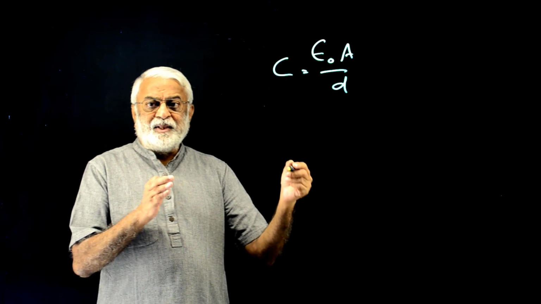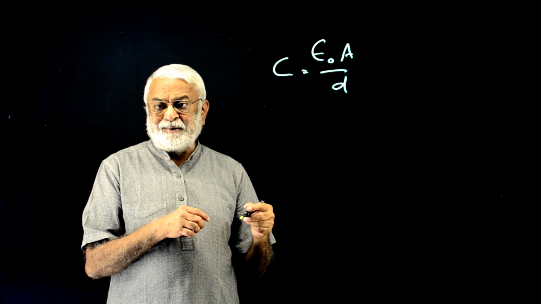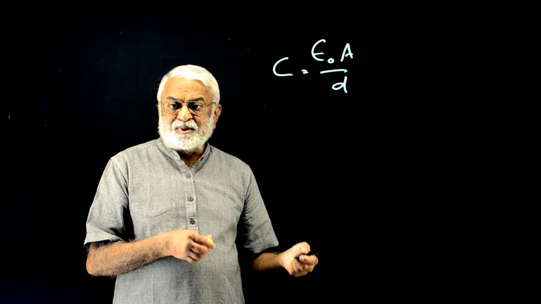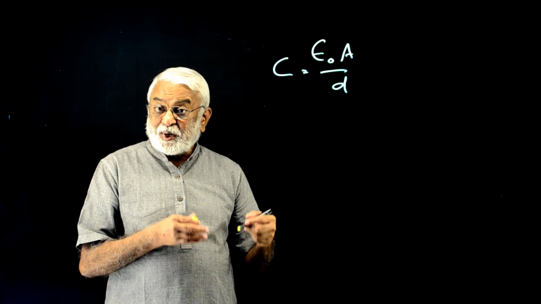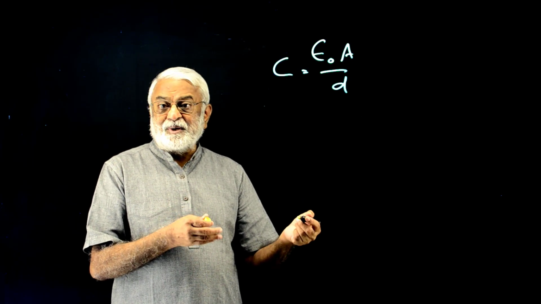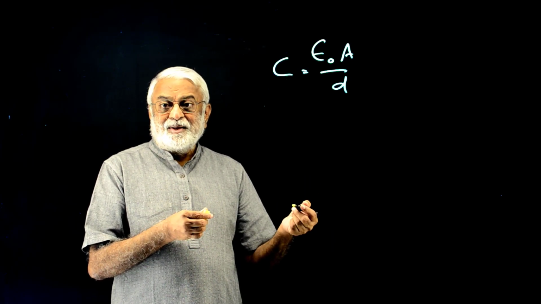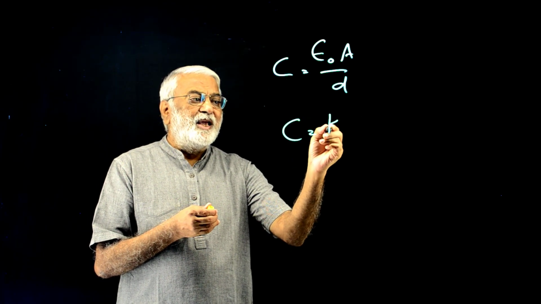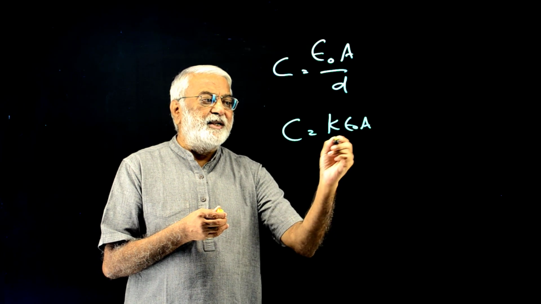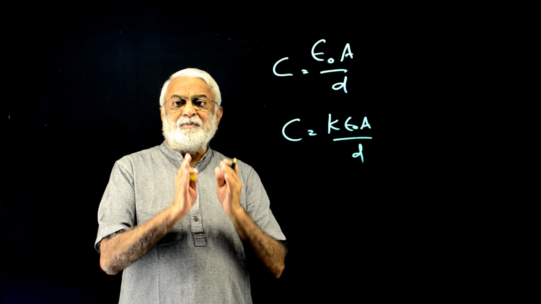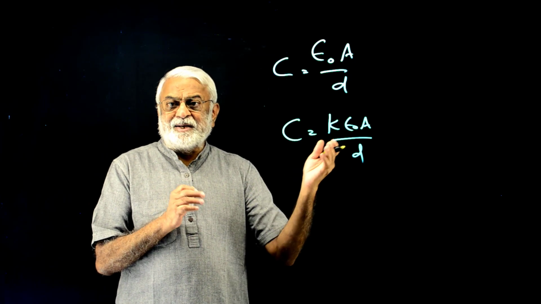So now if you fill the space between the parallel plates by a dielectric, the field becomes k times less, so the potential difference becomes k times less. So capacitance goes up k times. The capacitance now will be k epsilon 0 A by D. This is when you fill the gap between the parallel plate capacitor completely with a dielectric.